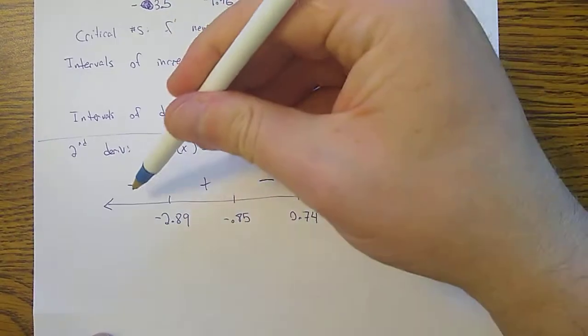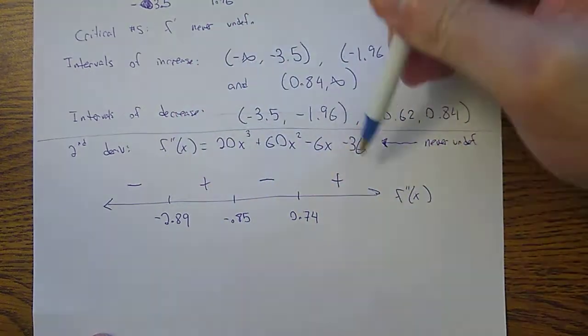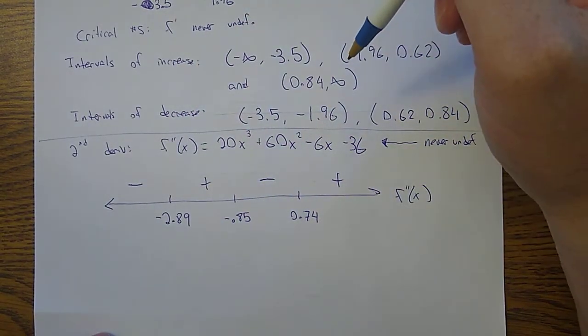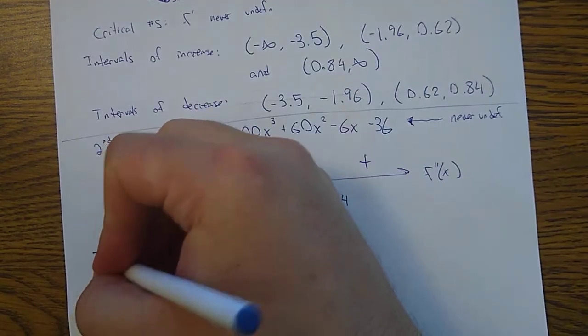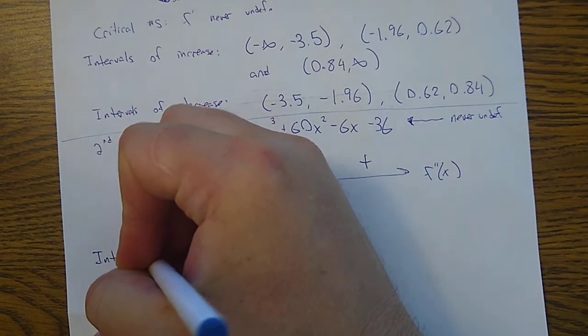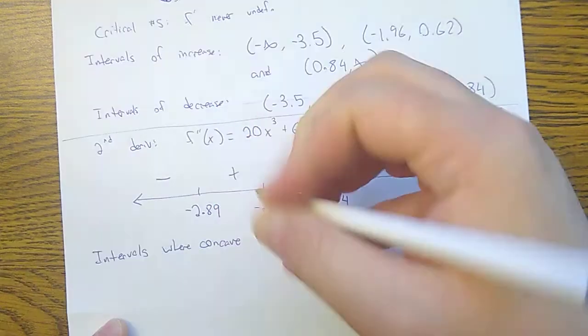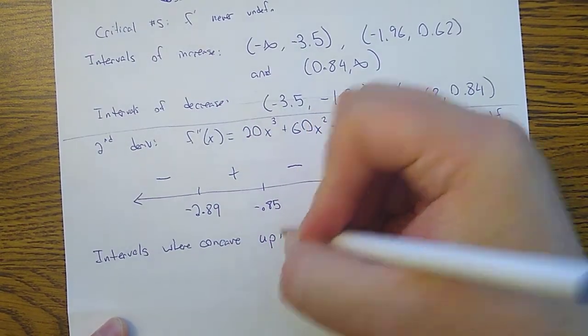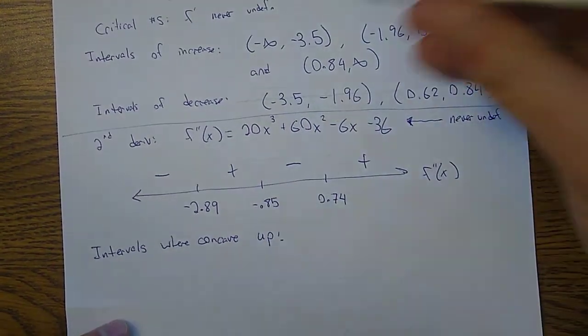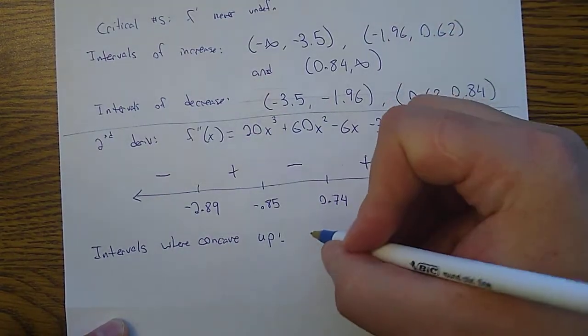And this tells you concave up or concave down. Plus is up, minus is down. So intervals where concave up, that's this one and this one.